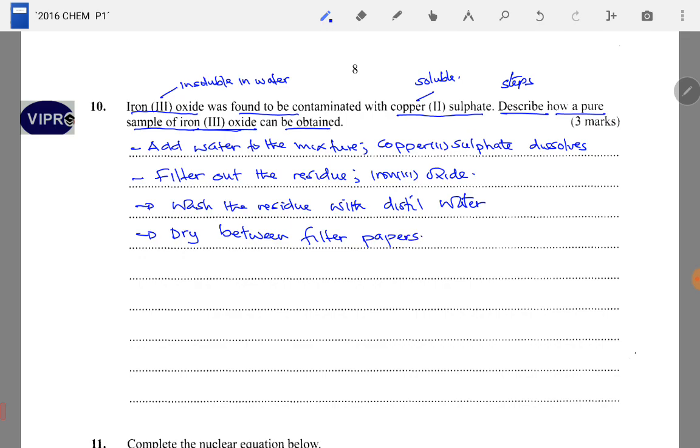That's it. You already have your iron 3 oxide, pure, no impurities. The question insists it must be pure. That is why we had to wash with distilled water to ensure that the substance is pure.